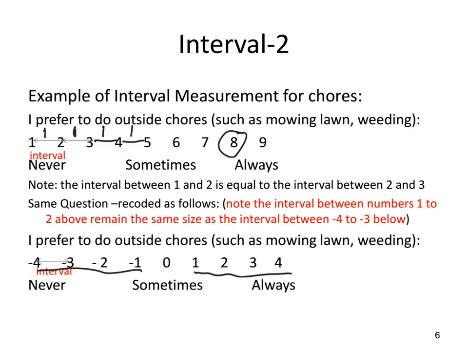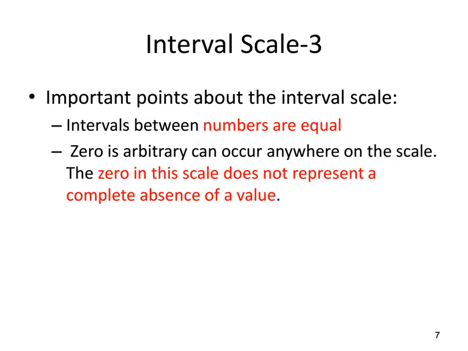So what we see is that the important thing here is not the 0, but that we maintain that interval of 1 between our numbers, whether they be negative or positive. So equal interval is very important for interval measurement, as well as noting that the 0 can occur in a variety of different places. And those are the two takeaway points. The intervals between numbers are equal, and 0 on the scale does not represent a complete absence of a value.